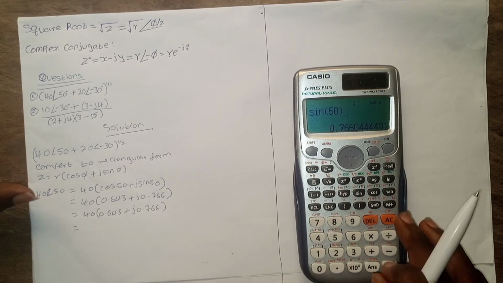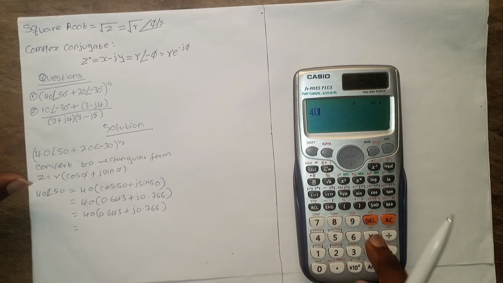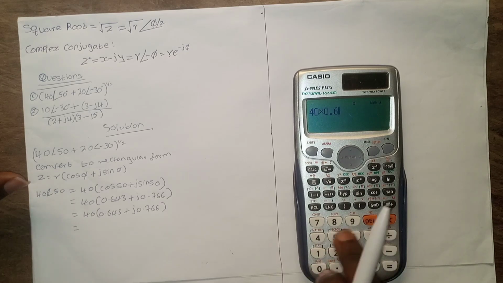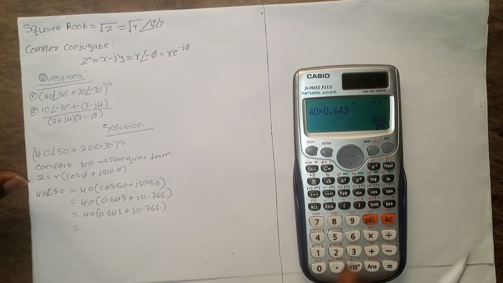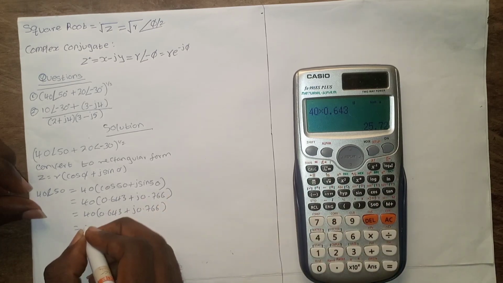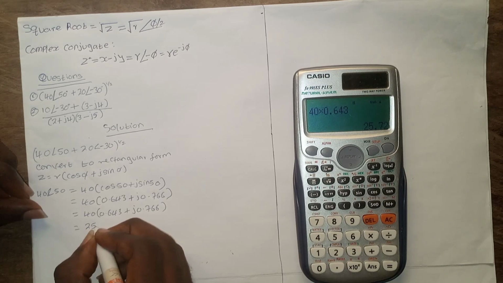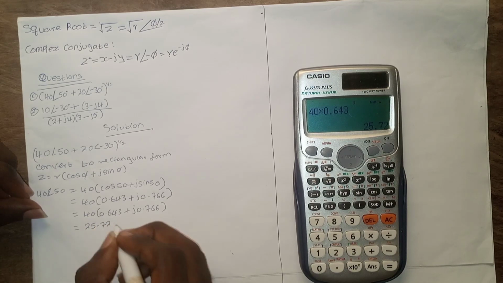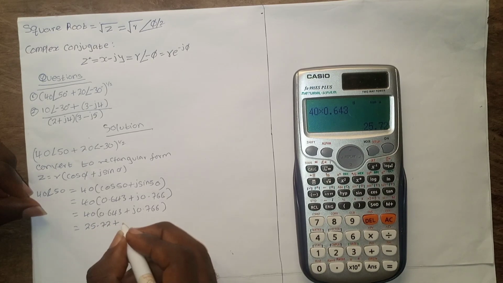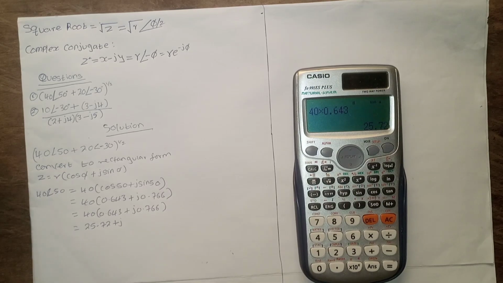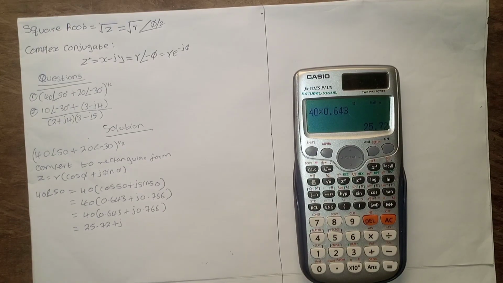So it's going to be 40 times 0.643, which will give us 25.72 plus the j.